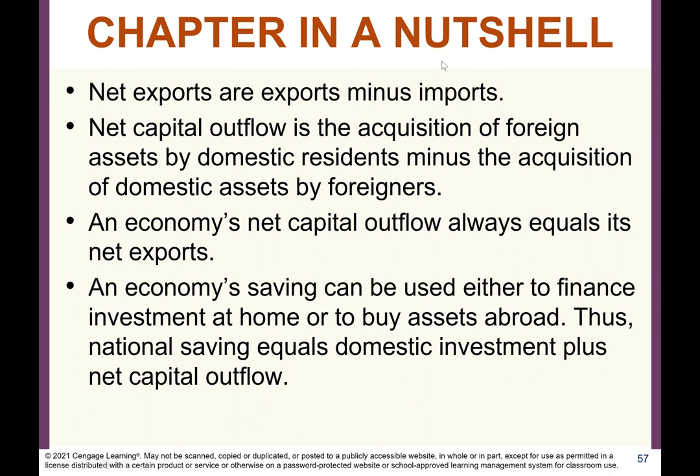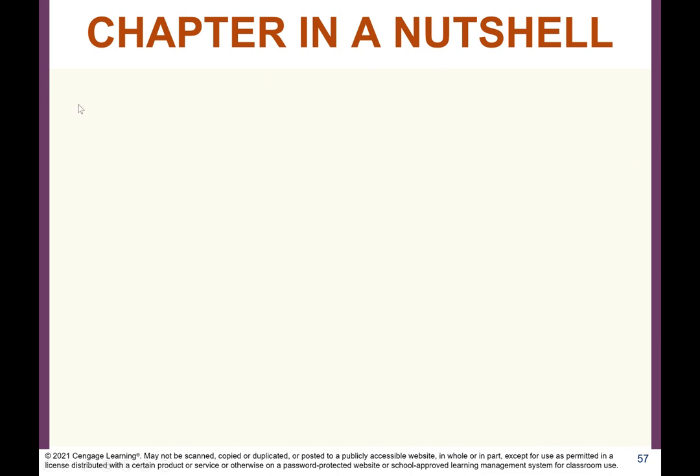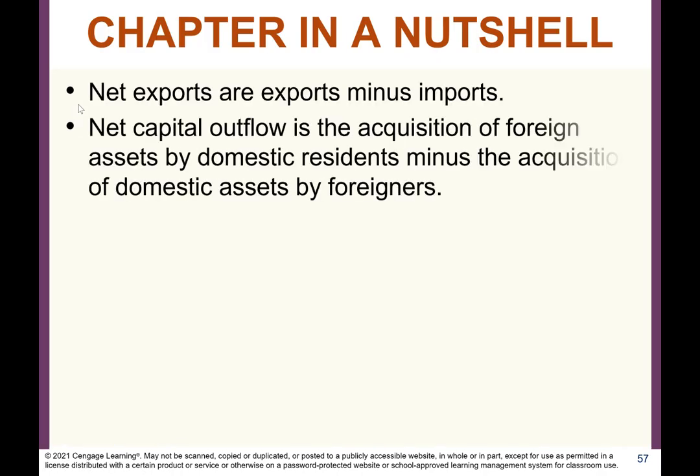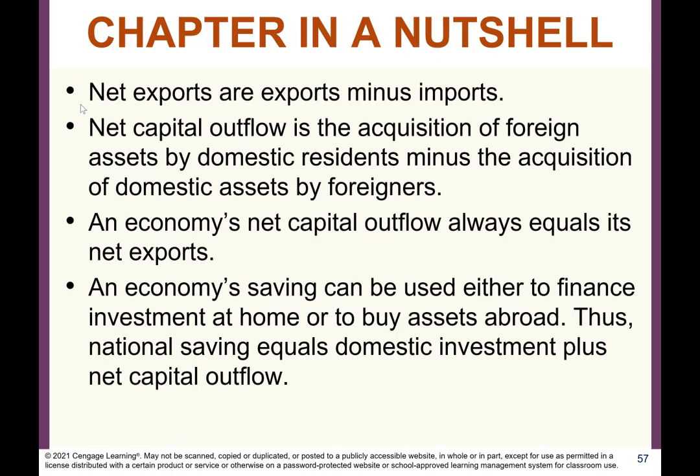Chapter in a nutshell. Net exports are exports minus imports. Net capital outflow is the acquisition of foreign assets by domestic residents minus the acquisition of domestic assets by foreigners.